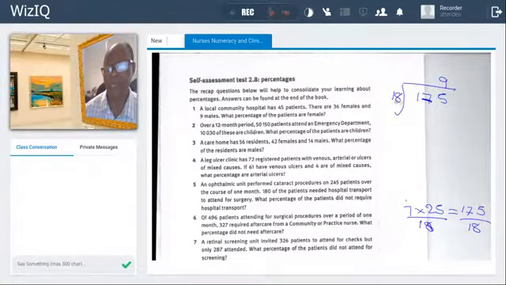So 9 times 8 is going to be 72. And 9 times 1 is 9. 9 plus 7 is 16. So 162. Okay, and we need to subtract. 5 take away 2 is 3.